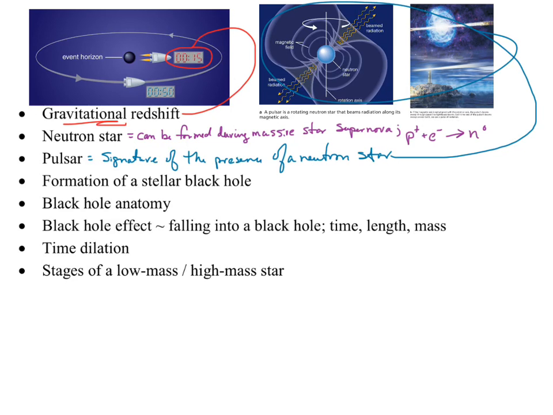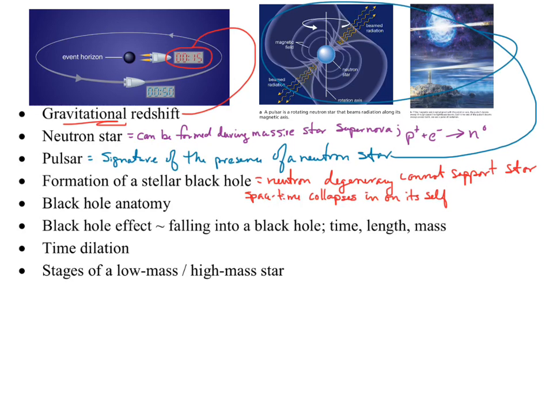And how does a stellar black hole form? In that case, it doesn't stop at a neutron star. Basically, neutron degeneracy can't support it. I think we said 3 solar masses or more, didn't we? I think I'll add that to it.